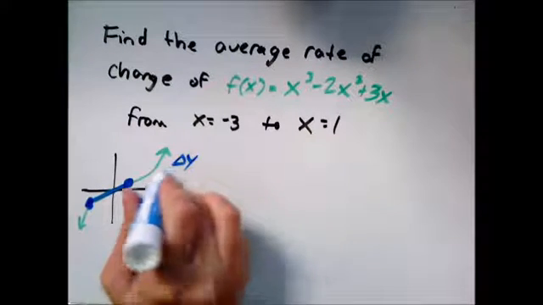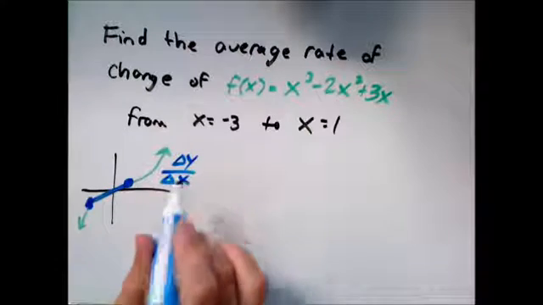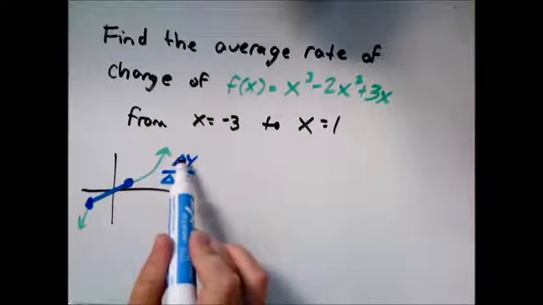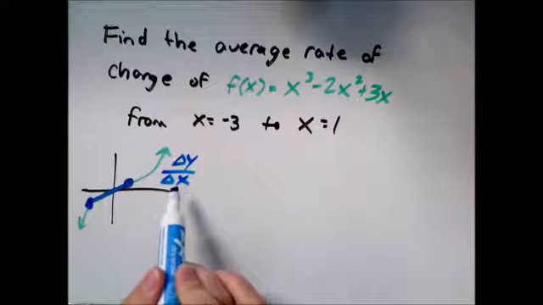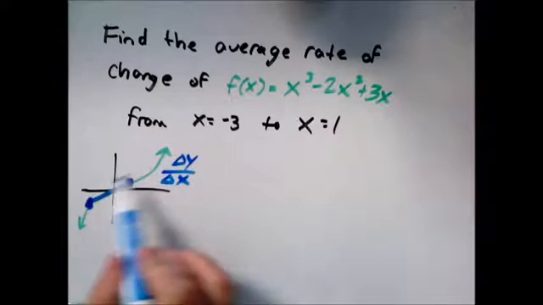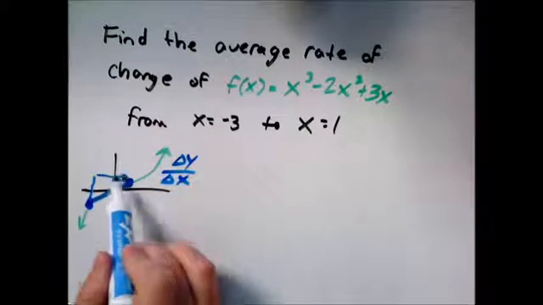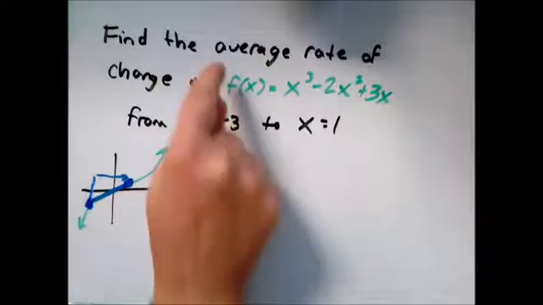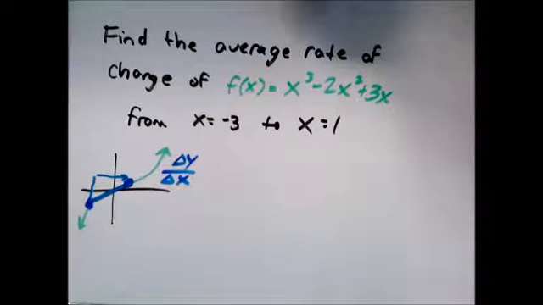So the difference in y over the difference in x, the little triangle they use for d for difference. So the difference in the y values over the difference in the x values. Notice that's just slope. How far up do we go and how far over do we go? Now it's not the exact slope of the function, it's the slope of a straight line drawn between those 2 points, which is what makes it the average rate of change.